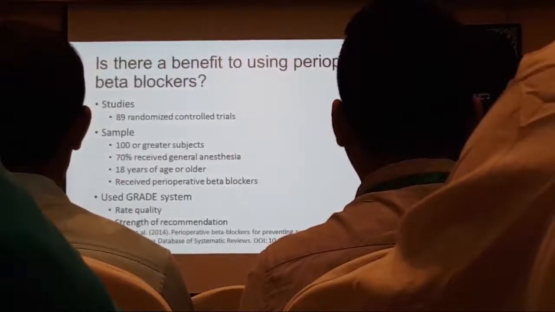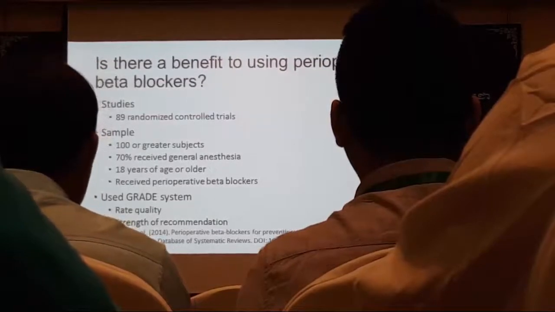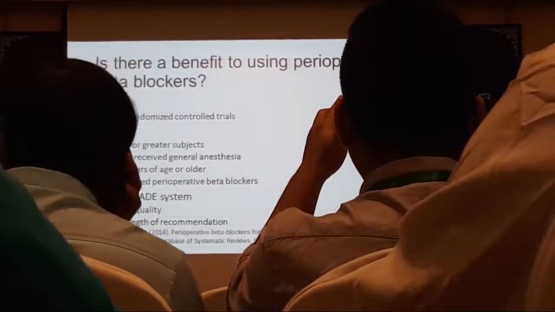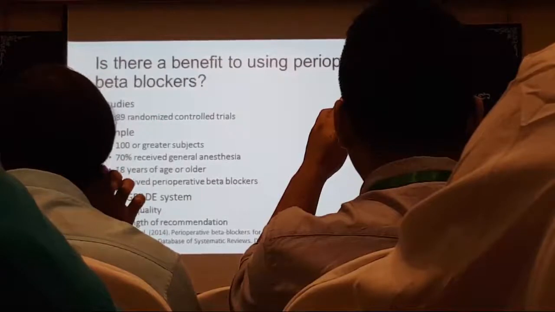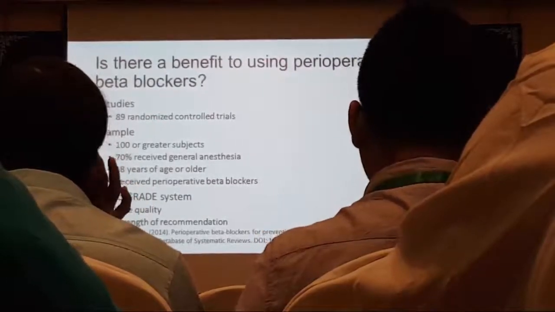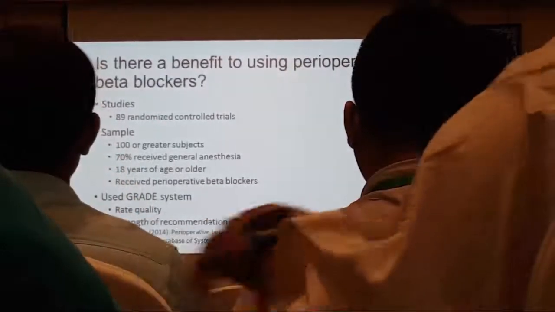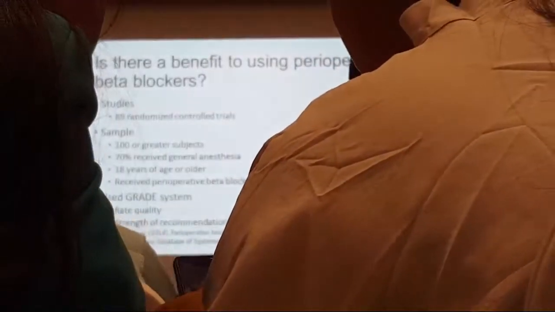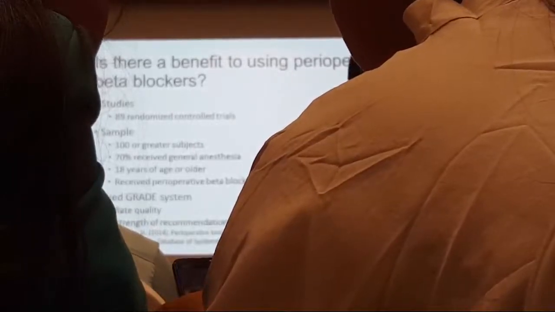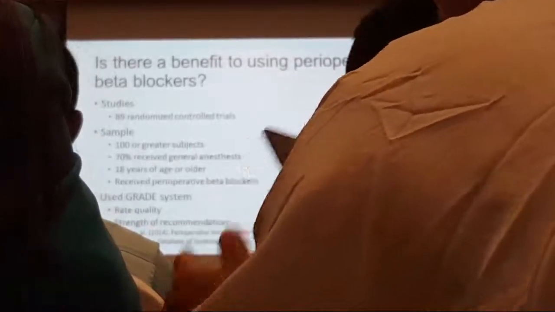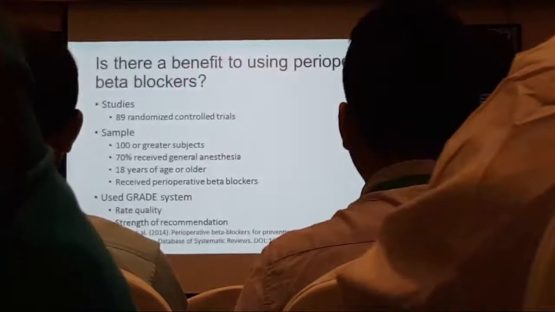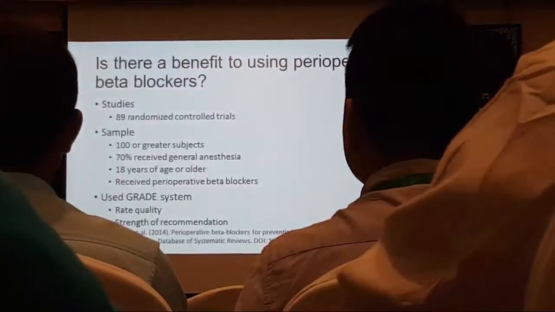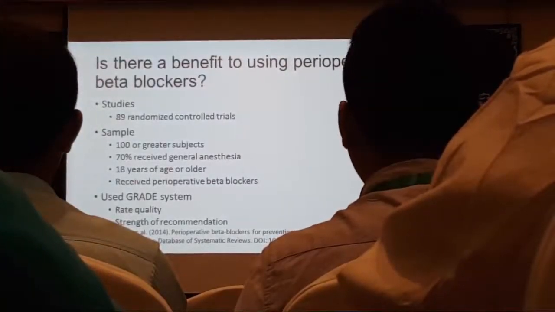The last topic I wanted to talk about in terms of cardiac care is use of beta blockers. In the United States, when I started as an anesthetist, we would frequently use beta blockers in many of our patients. And I still like to use beta blockers on occasion. I know somebody is talking about ERAS today, enhanced recovery after surgery.